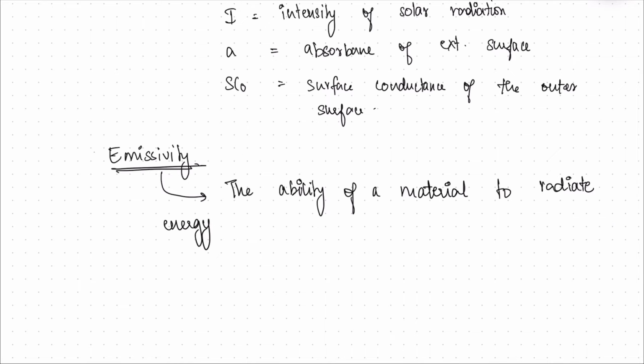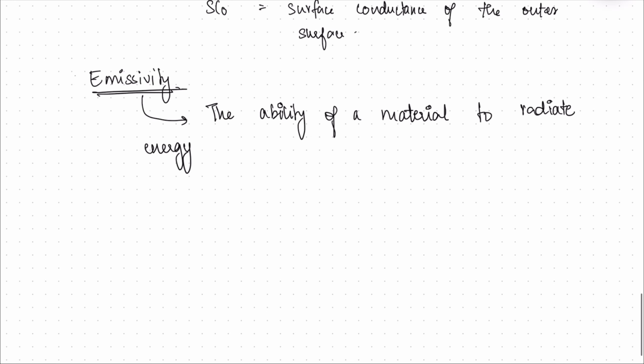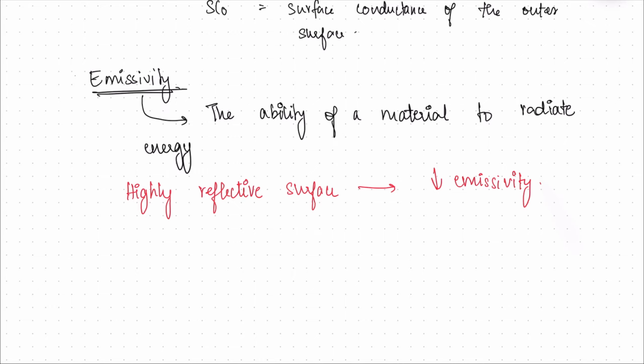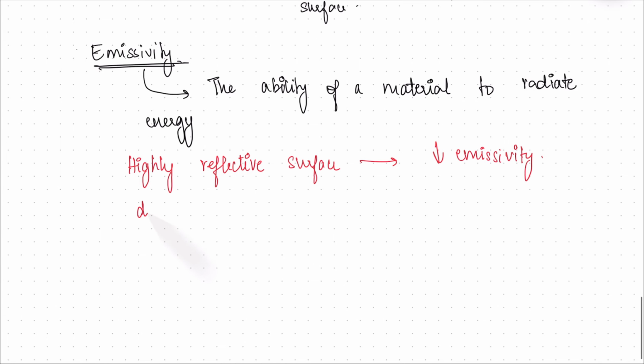Basically, highly reflective surfaces have low emissivity, and dull surfaces have high emissivity.